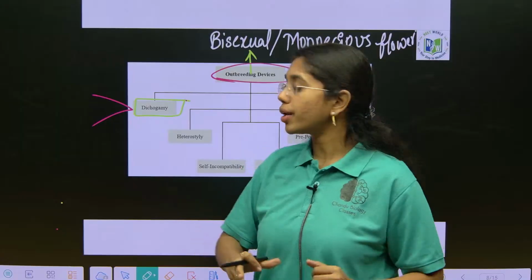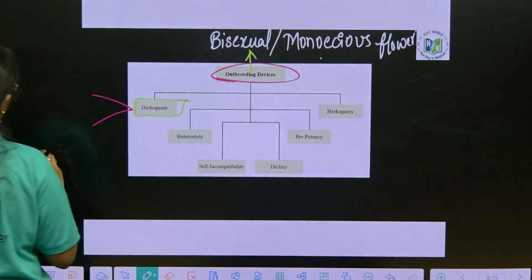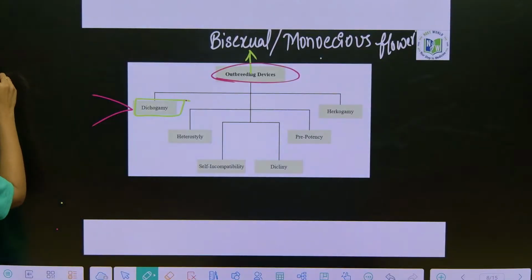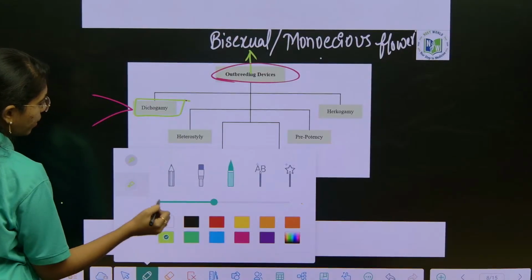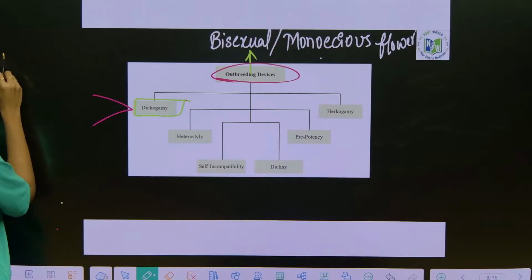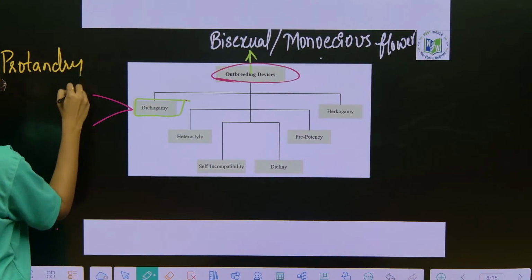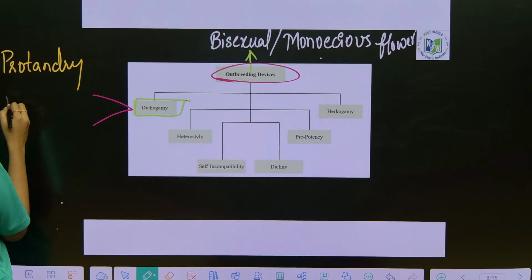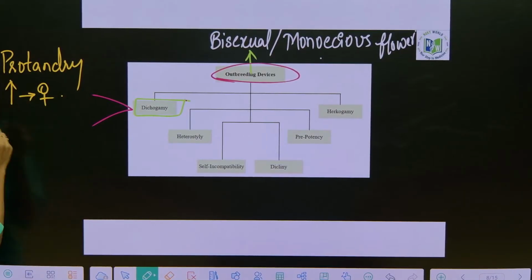That is learnt under dichogamy. If the male reproductive structure matures prior to the female reproductive structure, that phenomenon is known as protandry. Where the male reproductive structure will mature prior to the female reproductive structure. Examples include sunflower.